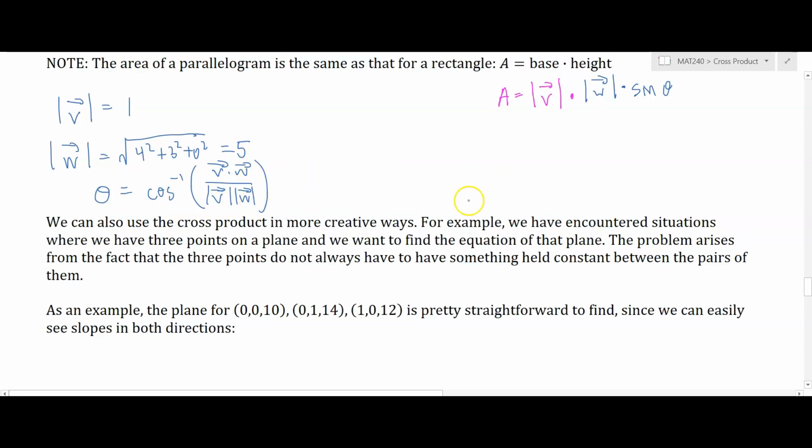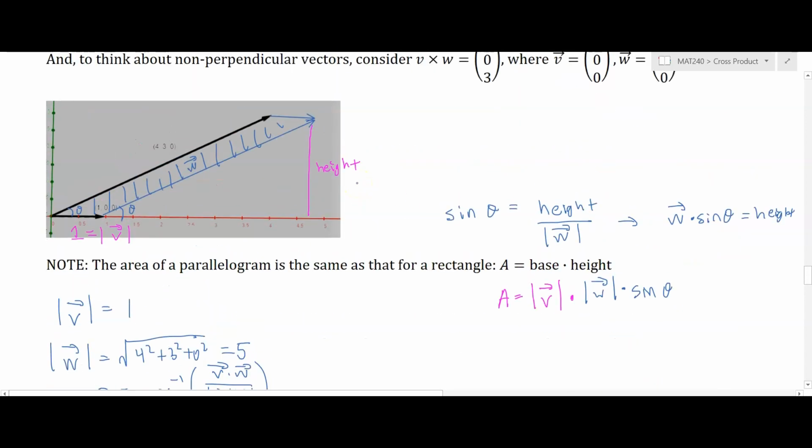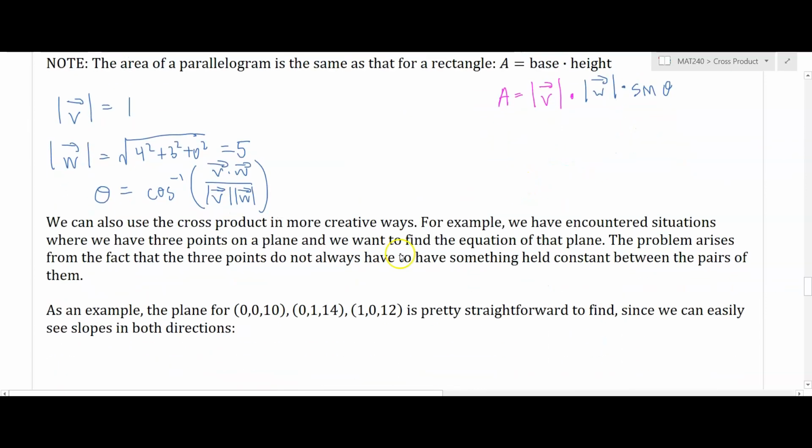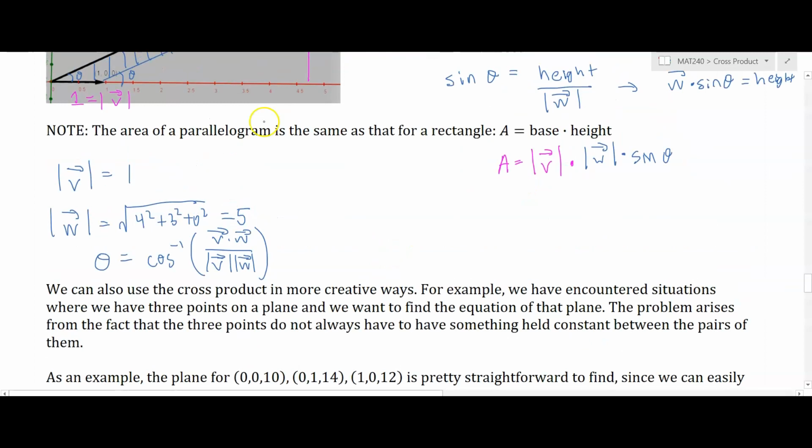And so the dot product between v and w, which are our vectors 1, 0, 0, and 4, 3, 0, the dot product is going to be 1 times 4 plus 0 plus 0, which will just be 4. So that's going to equal the arc cosine of 4 divided by the magnitude of v times the magnitude of w.